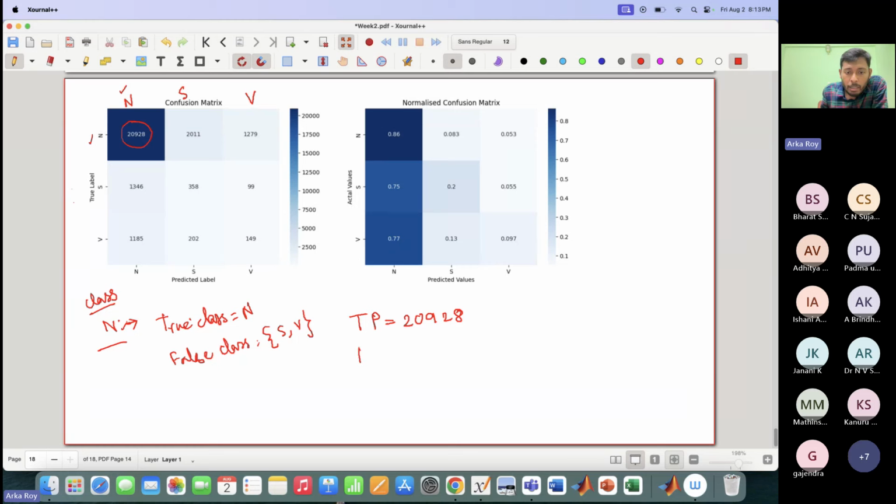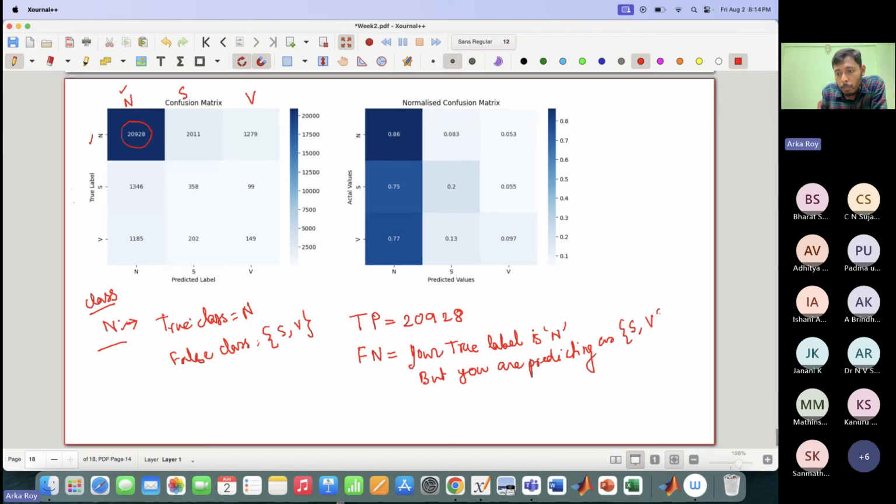Then we have to find the false negatives. False negative means your true label is N, but you are predicting it as either S or V. That means you are predicting the negative classes.